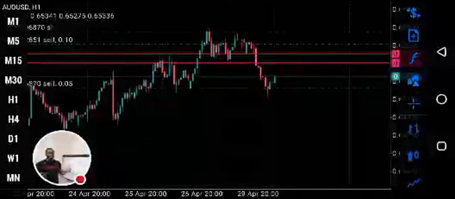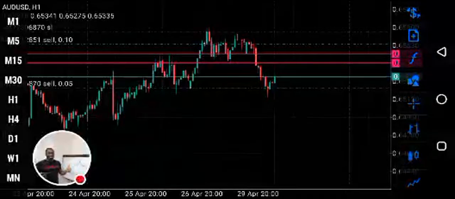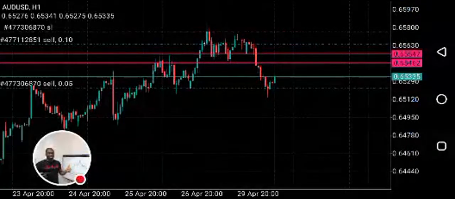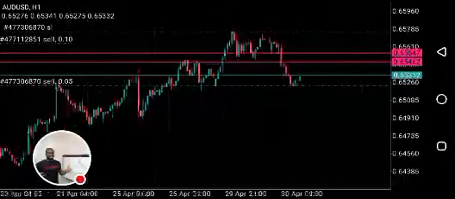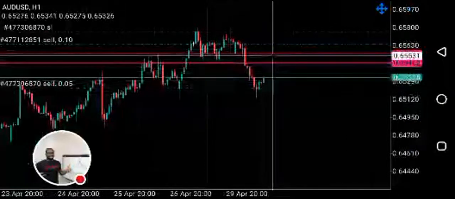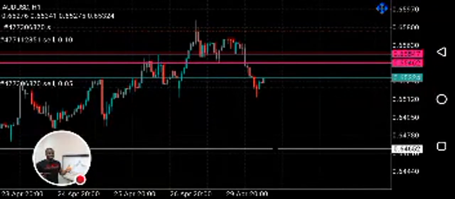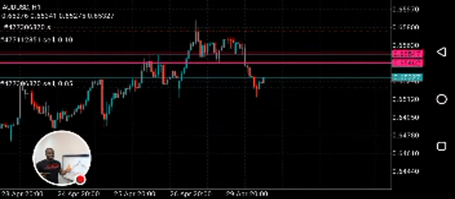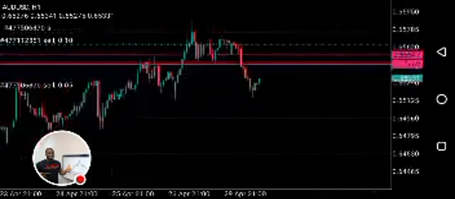Like I told you, this is a swing trade. I'm gonna leave the trade to run maybe till the market gives me let's say 100 to 120 pips. Okay, so price might pull back, fill this fair value gap before continuing with its bullish move. So I'm still very bullish on Australian dollar USD.